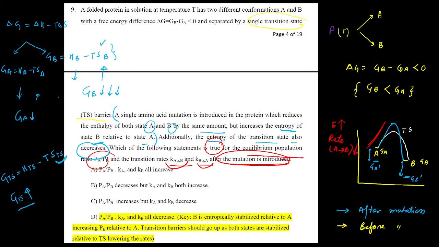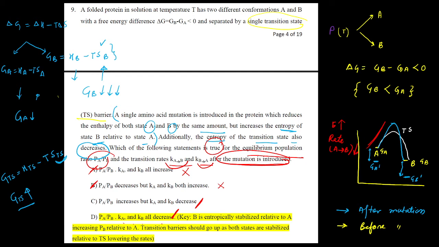After mutation, K A to B and K B to A will decrease. So A is incorrect, B is incorrect. We can say C. Let's stick to C for the time being, and then D, Ka and Kb decrease. This is also true for the rate process. So we have basically eliminated two options.